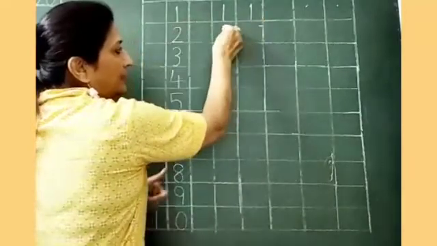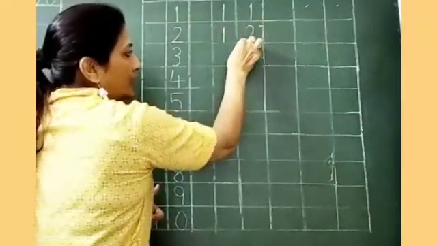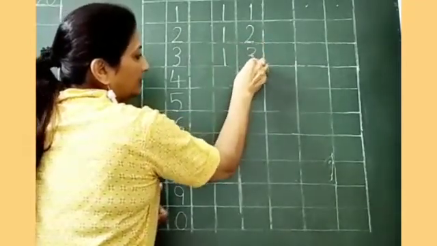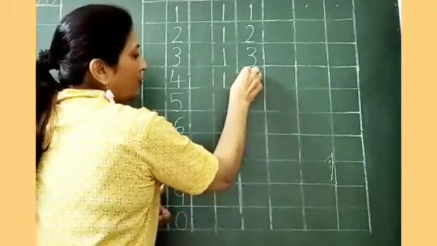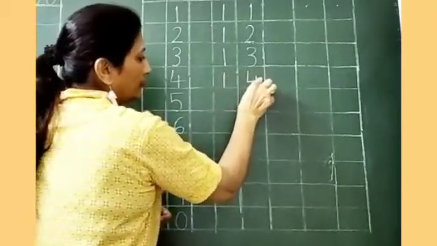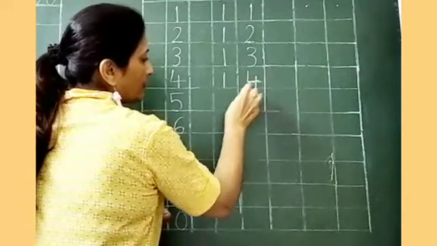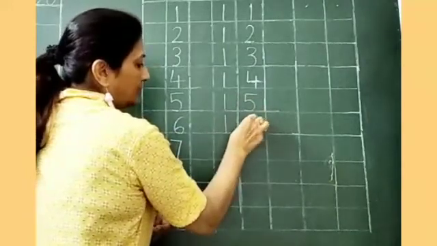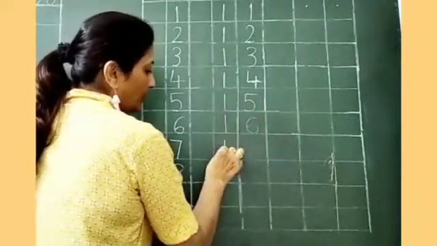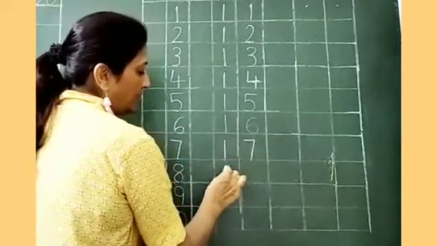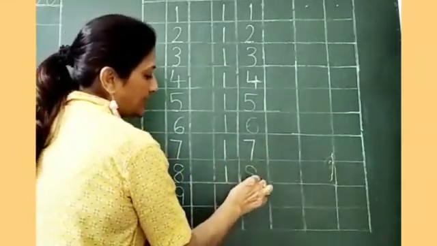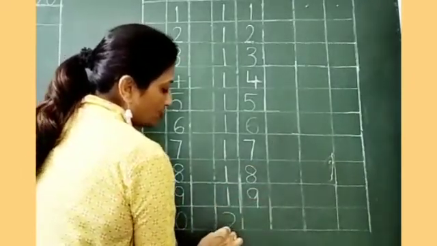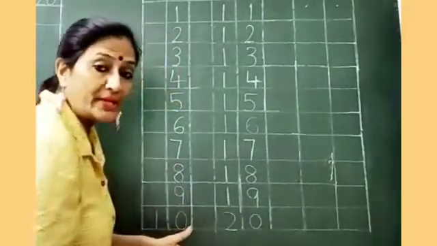1, 1, 11. 1, 2, 12. 1, 3, 13. 1, 4, 14. 1, 5, 15. 1, 6, 16. 1, 7, 17. 1, 8, 18. 1, 9, 19. 2, 0, 20.